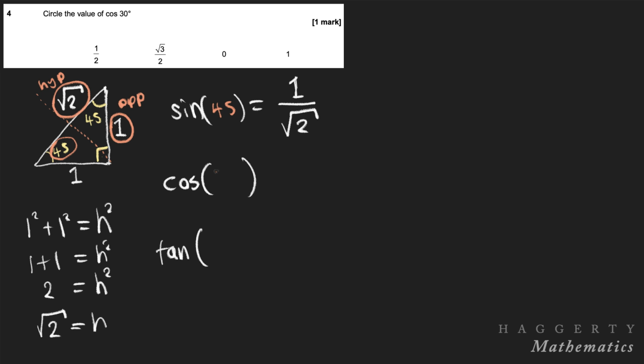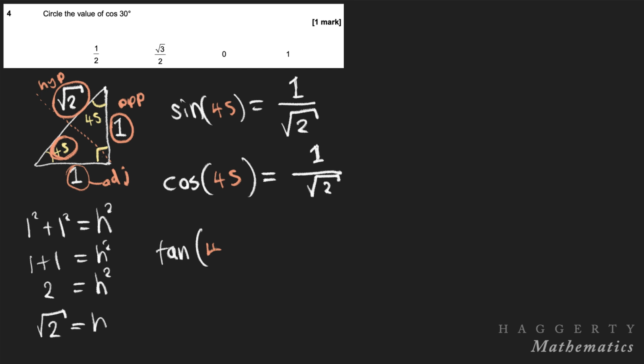And you can do the same thing here for the cosine as well as the tan. So if you did say cosine of 45, well, the only thing that changes here is you want to do the adjacent divided by the hypotenuse. So the adjacent to the 45 degrees here, well, what is that? Here's my 45 degrees. Here's my adjacent right here, and you can see it's just the same. In this case, it's just 1. So the adjacent divided by the hypotenuse, which is root 2, is going to be my cosine of 45.